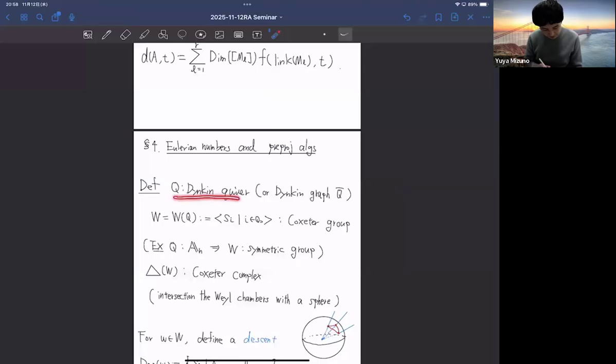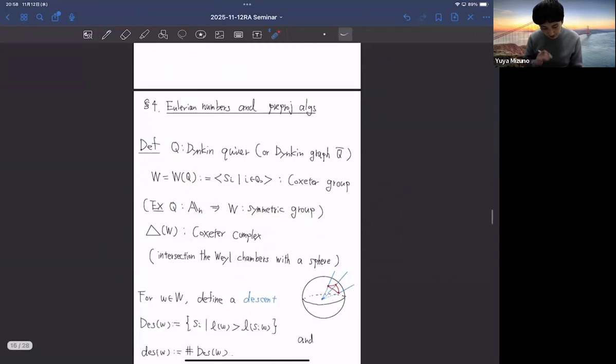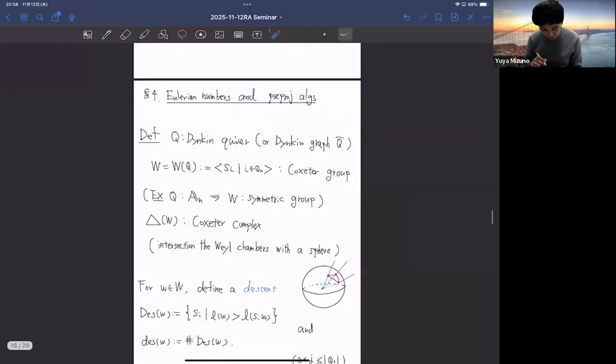And for a given Dynkin quiver, we can define the Coxeter group. This just depends on the graph. So type A_n is, as you know, the symmetric group. And we can consider the Coxeter complex. One simple way to define the Coxeter complex is to consider the Weyl chambers, and we consider the sphere.